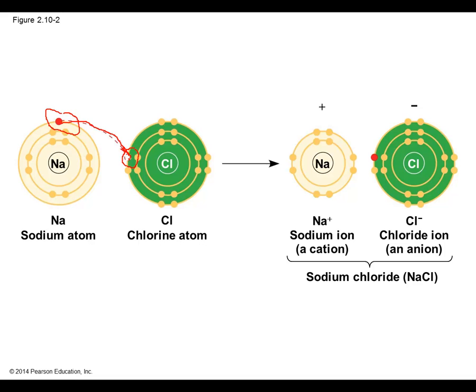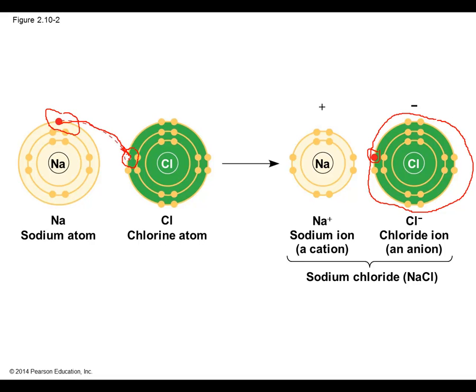Now for chlorine, you added that electron that was transferred from sodium. Now you have a complete octet, or 4 pairs of electrons in the outer shell, but that gives you 1 extra electron, which would give you a net negative charge. So now with an extra electron, you created the chloride ion, which has a -1 charge.